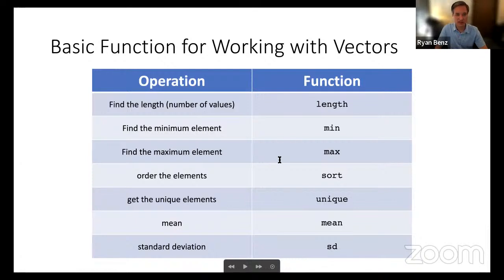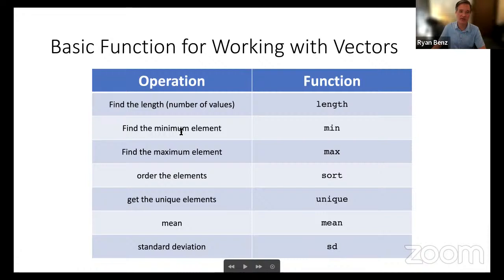So let's take a look at some of these functions that are useful for doing data analysis. All these functions are available to you as part of the base R environment. Given a vector, which we just learned about, we can use these functions to operate on it. If we want to know how long the vector is, we can use the length function.